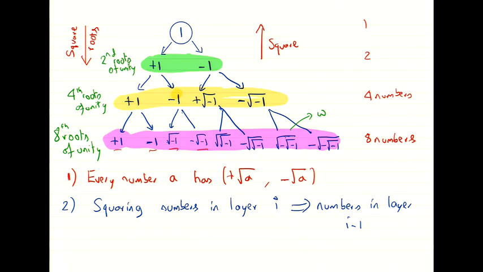In particular, at any layer they appear in pairs which are negations of each other. Moreover, if you square them and go up a layer, you have half as many points, still in pairs which are negations of each other. If you square again, you have half as many points, still in negated pairs, and so on. That's critically used in our algorithm.